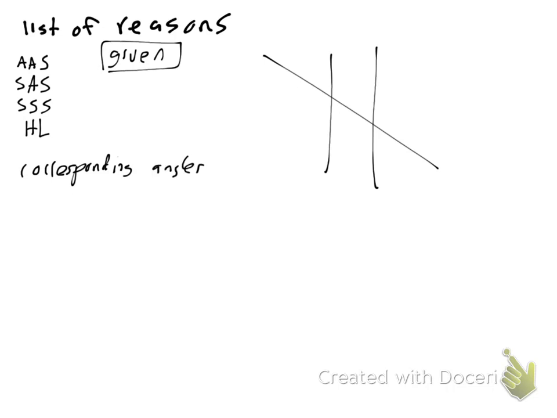There's no such thing as side angle. Don't think of angle side angles or those things. Those are for triangles. Alternate exterior angles, which leads then to alternate interior angles.